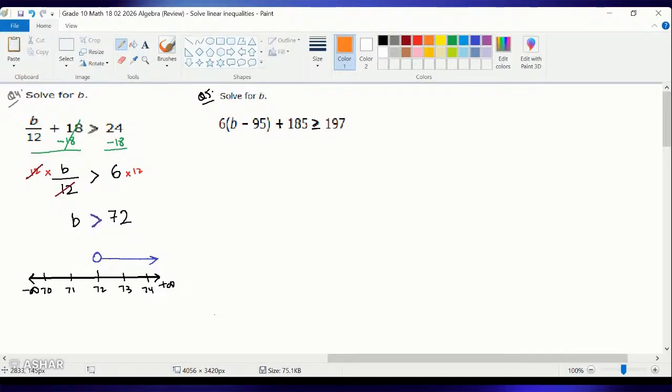Can we subtract 185 on either side? To move it to the other side, this is cancelled out. We are left with 6 multiplied by (B minus 95), which is greater than or equal to, and 197 minus 185 would be 12.